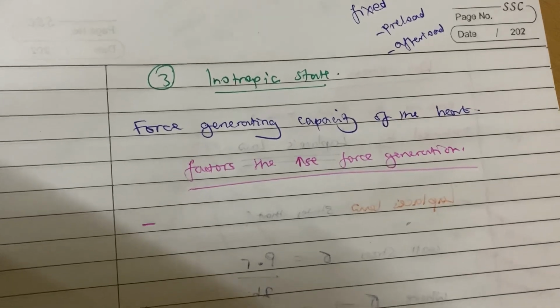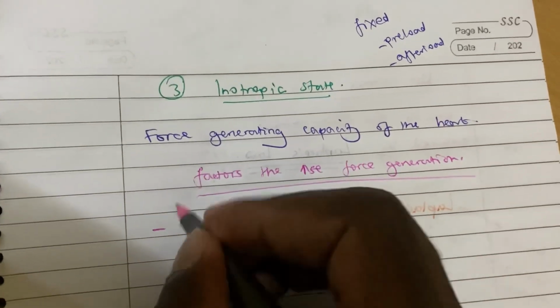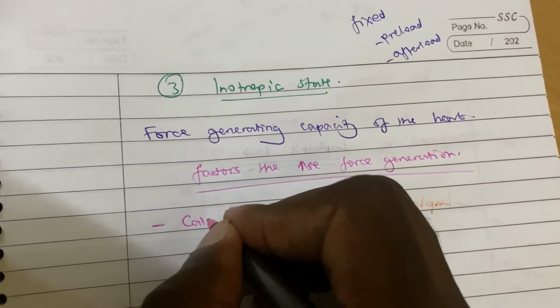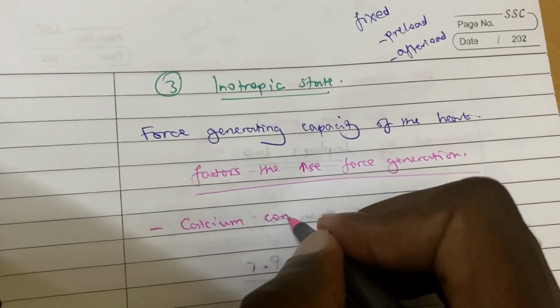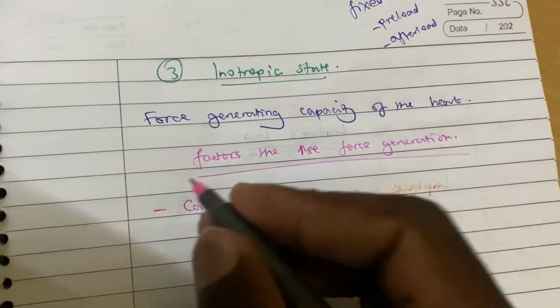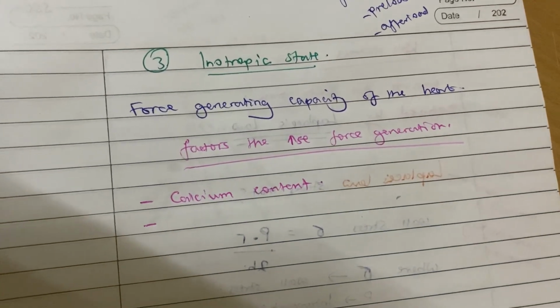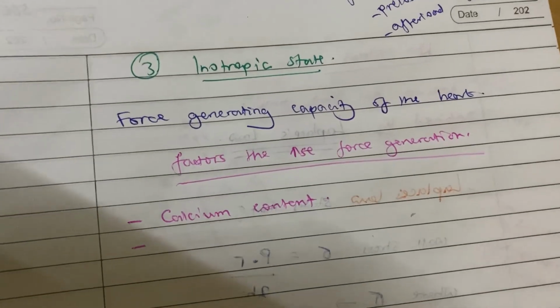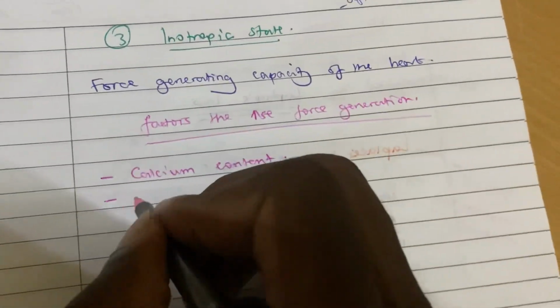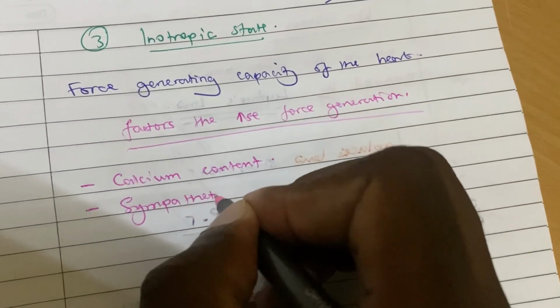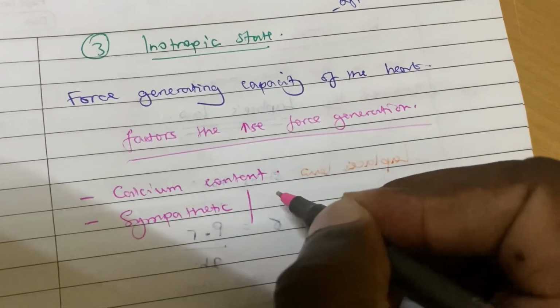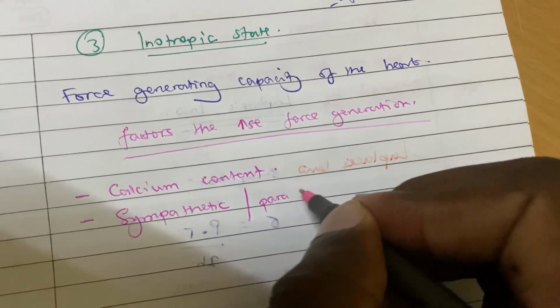We have calcium. How much calcium is there? Yeah, because we said that one, calcium content. 2 is it, second, is it sympathetic or parasympathetic tone.